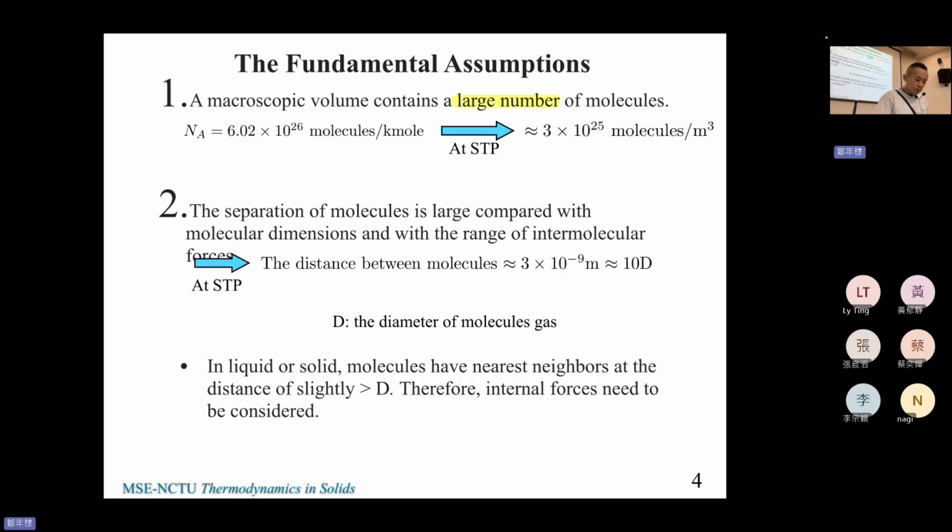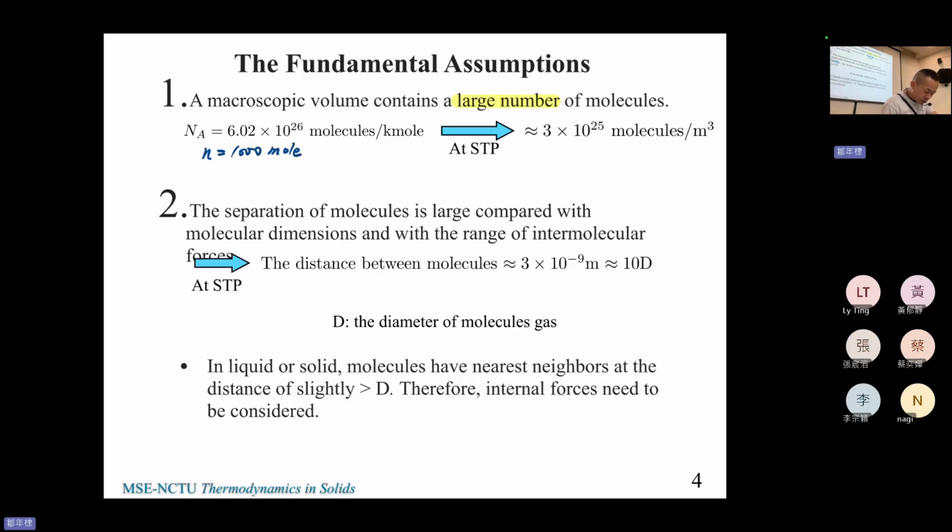Why do they give this assumption? Because they know that N here is 1 kilomole, so N_A becomes 6.02 times 10 to the 26, not 23, because it is a kmole.